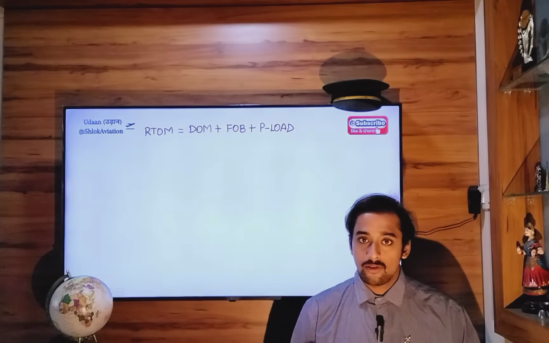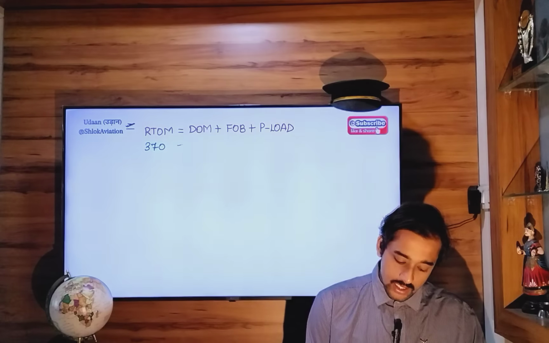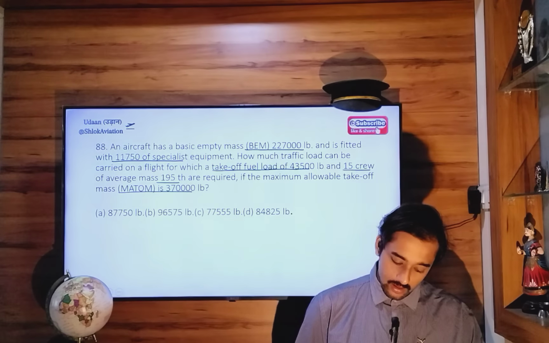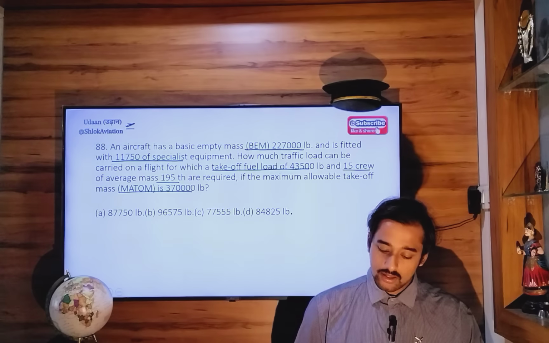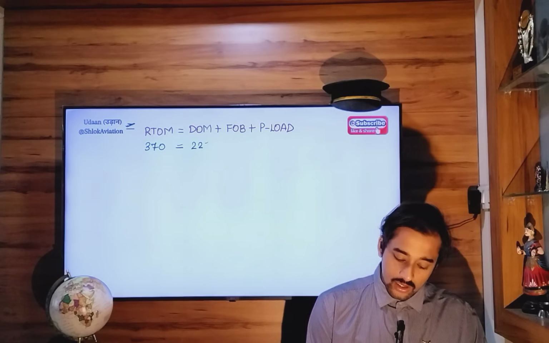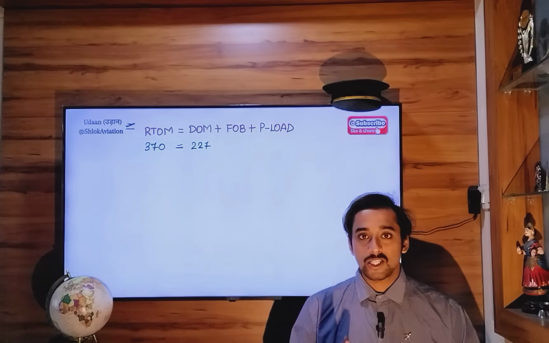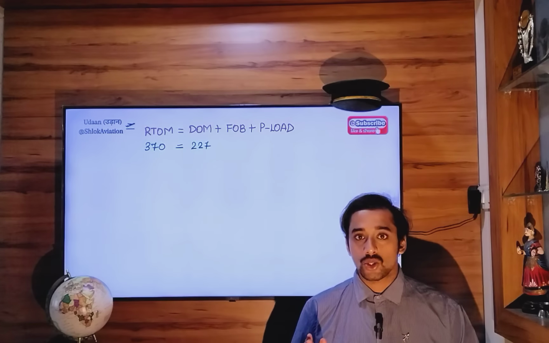Using this formula, we will go ahead. So takeoff mass is 370. Basic empty mass is 227, because dry operating mass is basic empty mass plus variable load. Basic empty mass plus special equipment plus crew.